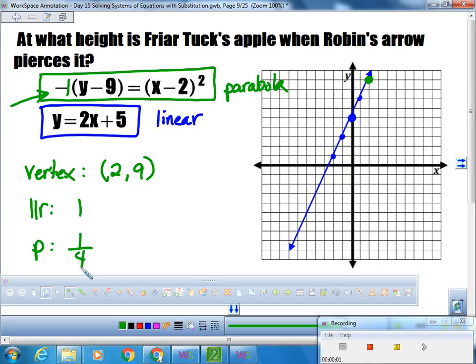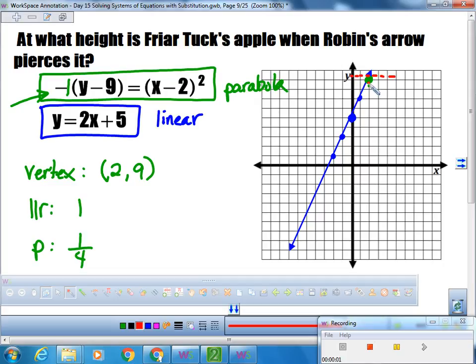That's kind of a small graph to do, right? But that's okay. It doesn't matter because we're just looking for the intersection. So when I do that, I'm going to have 1/4. Let me do a different color so you guys can see it. We'll just say 1/4 right there, right? And 1/4 right here. That would be my directrix. And it's 1 wide.